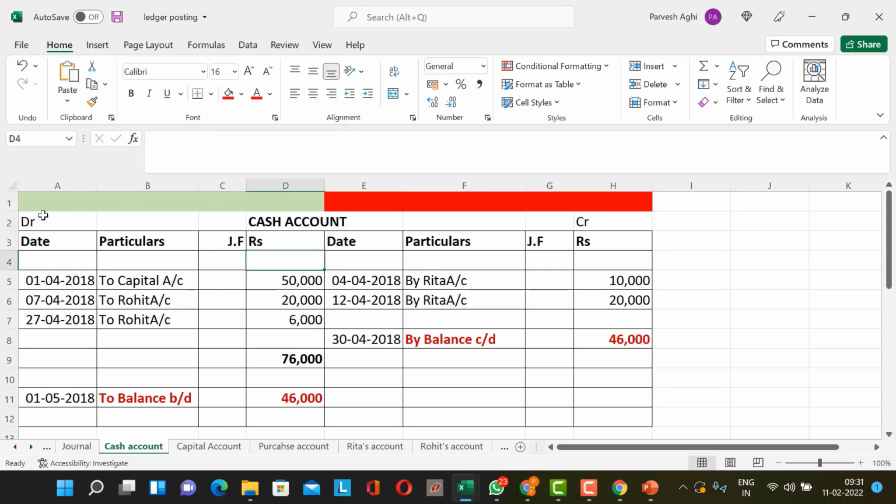Fine. So you have debit up to this, and all credit details are coming on the red tab.